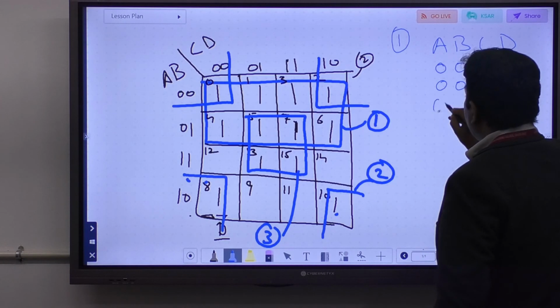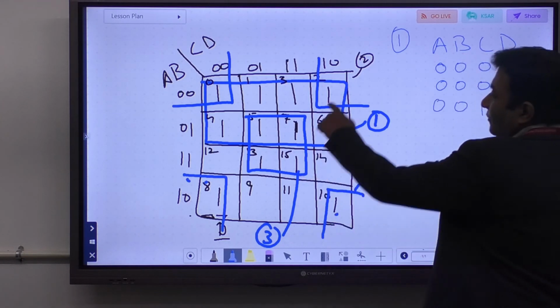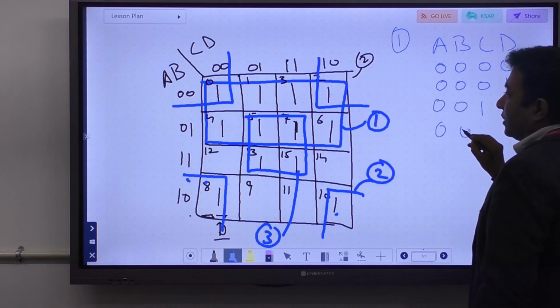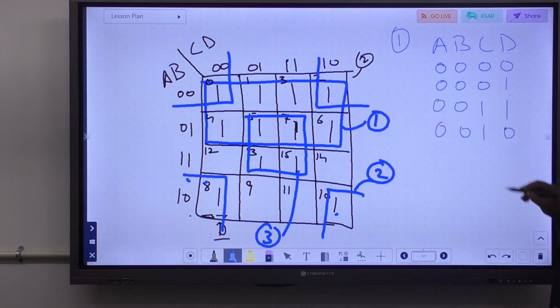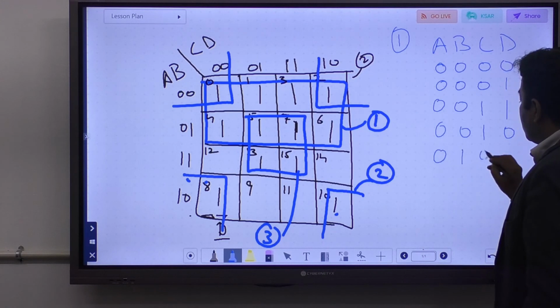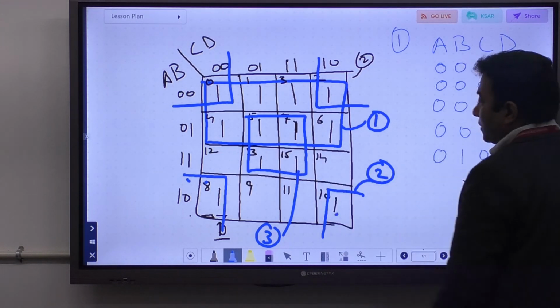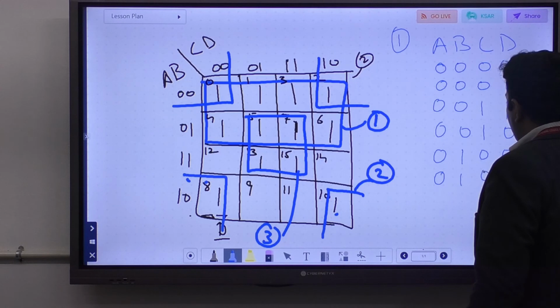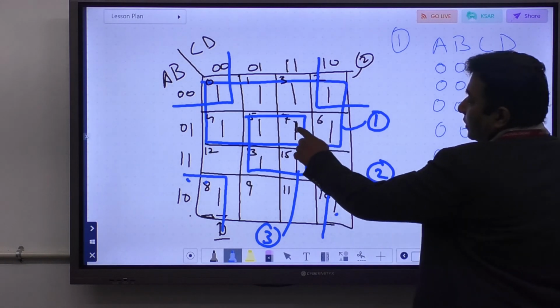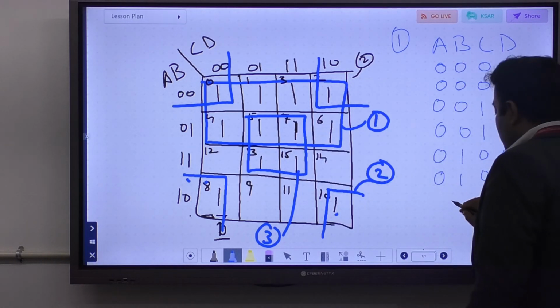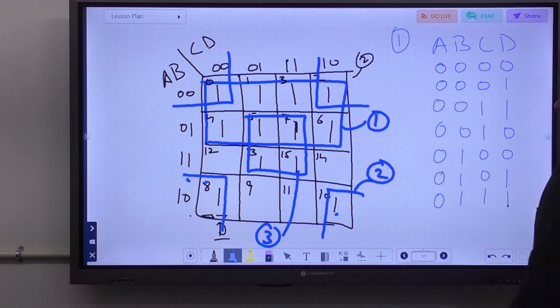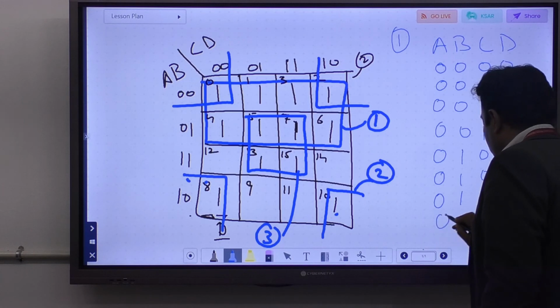For this, 0, 0, 1, 1. For this, 0, 0, 1, 0. For this particular minterm, 0, 1, 0, 0. For this minterm, 0, 1, 0, 1. For this minterm, 0, 1, 1, 1. And for this minterm, 0, 1, 1, 0.